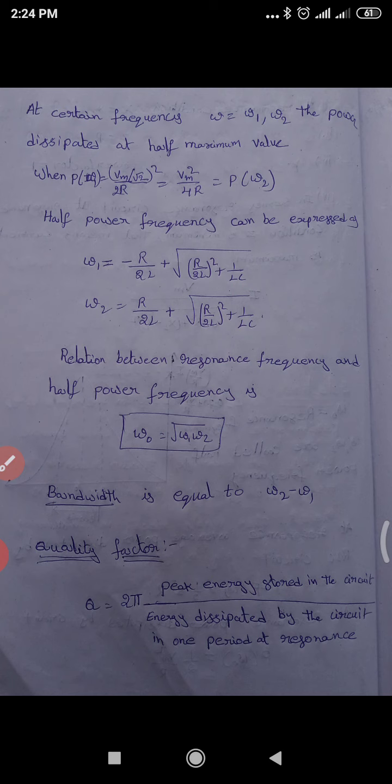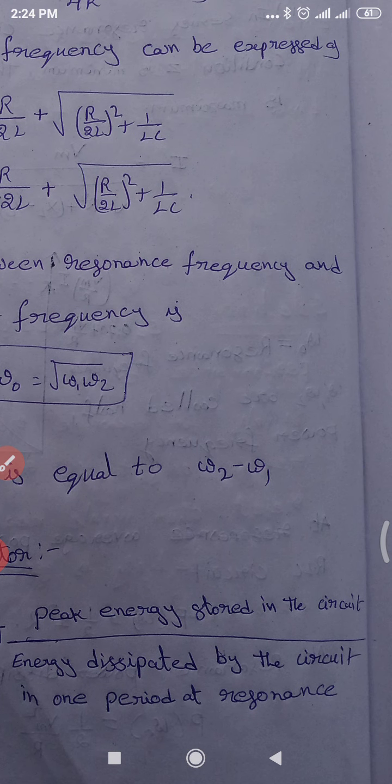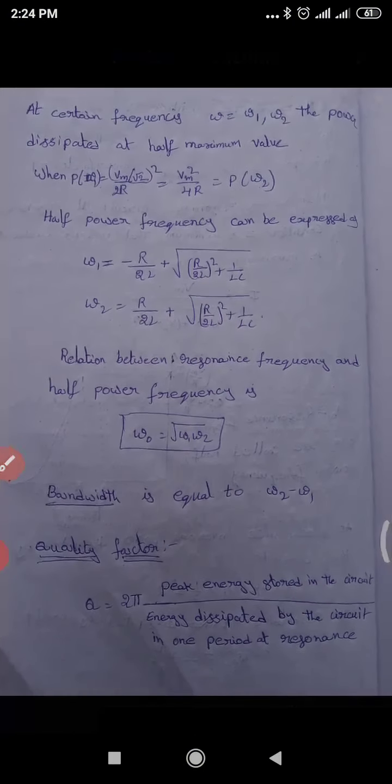Next, what about the quality factor? The generalized formula for quality factor is the energy stored in a circuit divided by the energy dissipated by the circuit in one period, at resonance condition. So this is the basic formula for calculation of the quality factor.